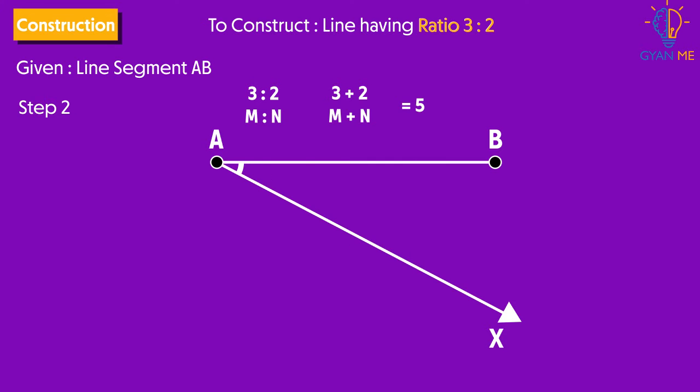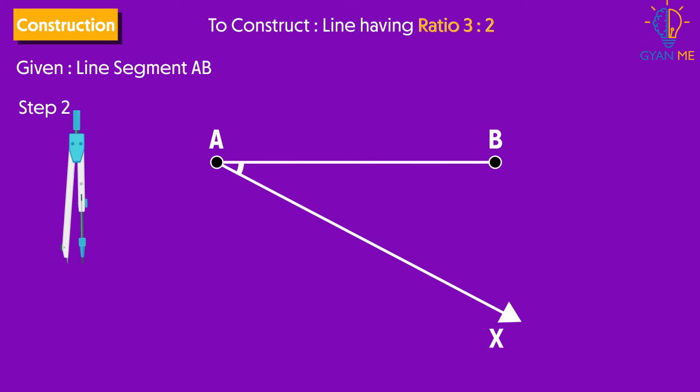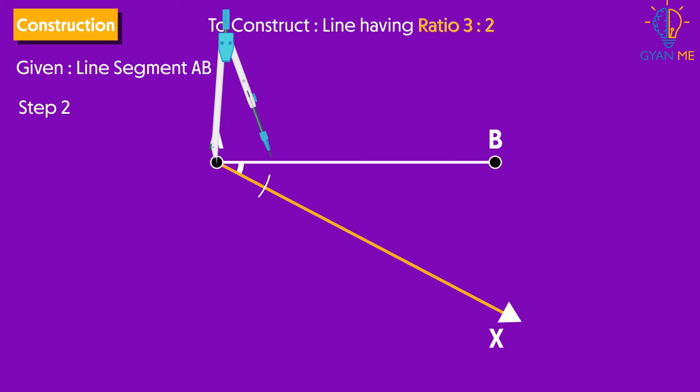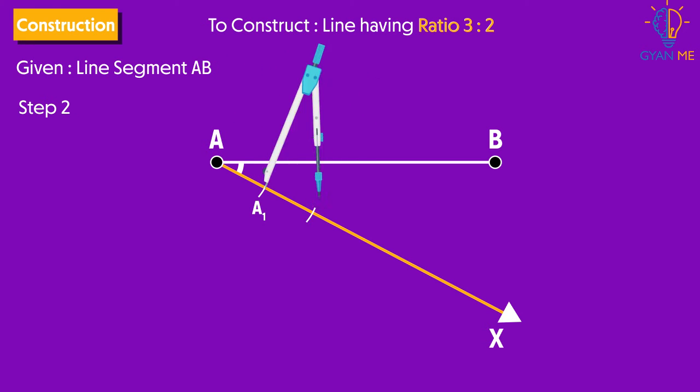To draw these points, take the compass and, taking A as center, draw an arc on ray AX with a suitable radius and name it as A1. Now, take A1 as center and draw a second arc with the same radius and name it as A2.